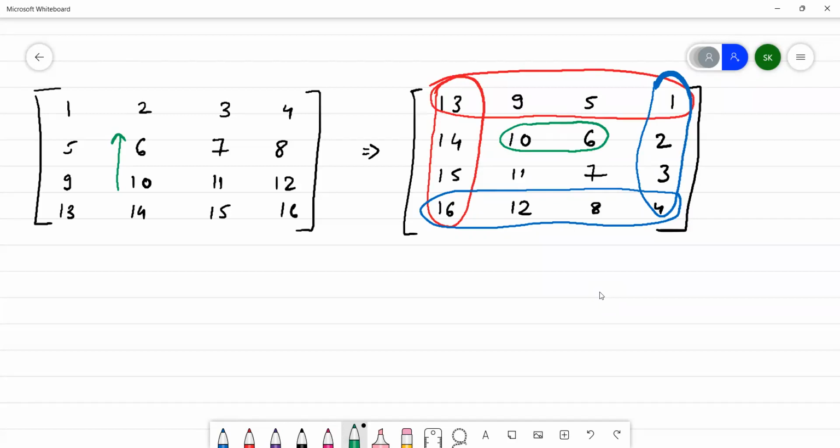Then your first row is changing to your last column. Then your last column is changing to your last row. And your last row is changing to your first column. Everyone able to get this?